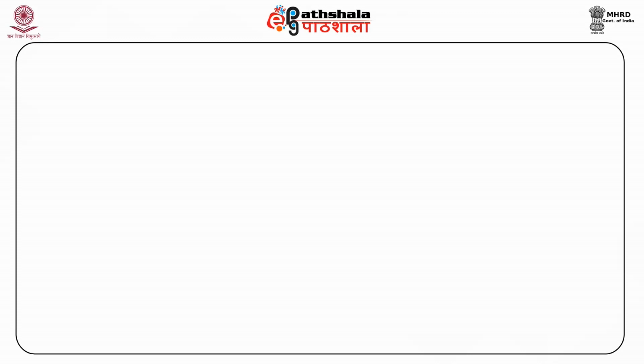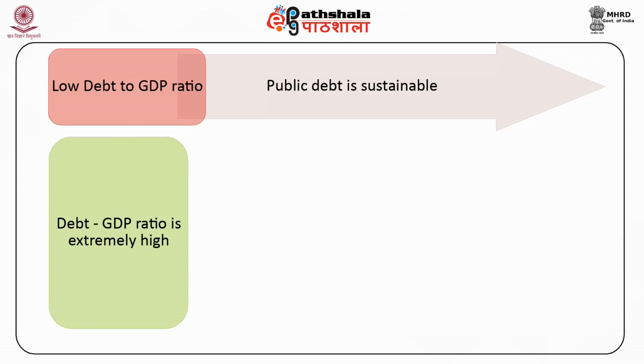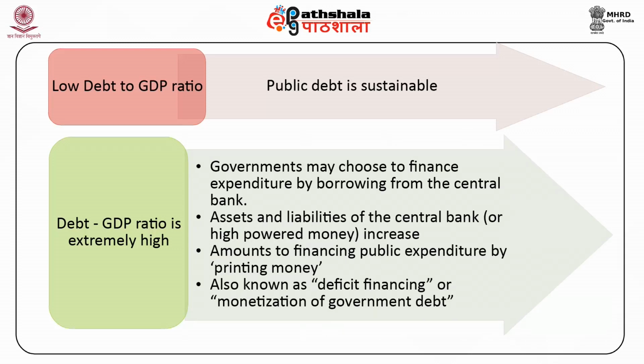Generally, a low debt to GDP ratio indicates that public debt is sustainable. However, if the debt to GDP ratio is extremely high, governments may choose to finance expenditure by borrowing from the central bank.